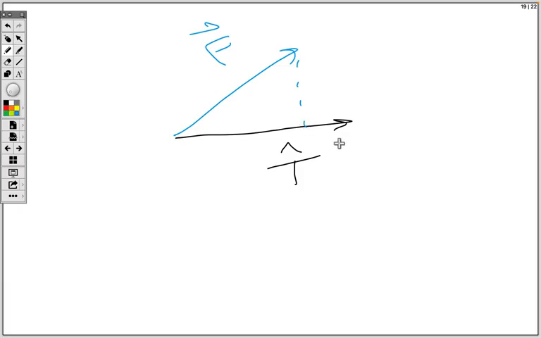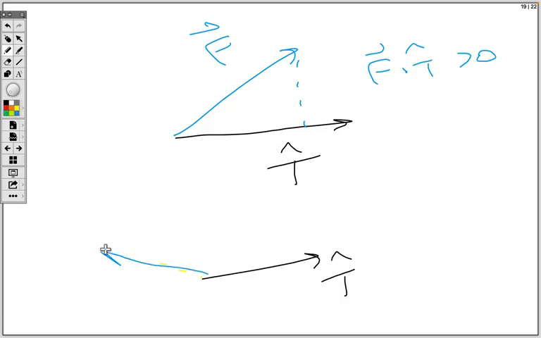Remember dot product is, like here's your T hat and here comes your force field. That's telling you that if the dot product's positive, you're going sort of in the same direction. This would be an F dot T positive situation. But if it's negative, this would be an F dot T hat less than 0.